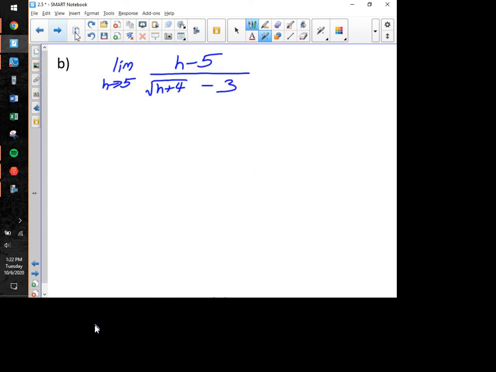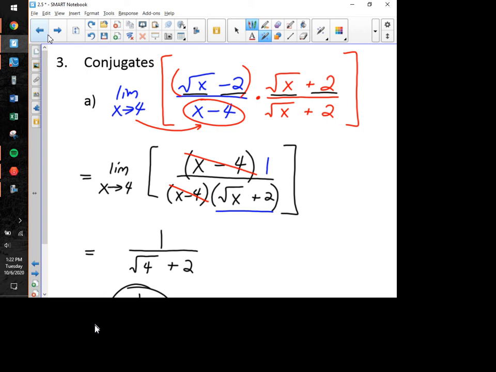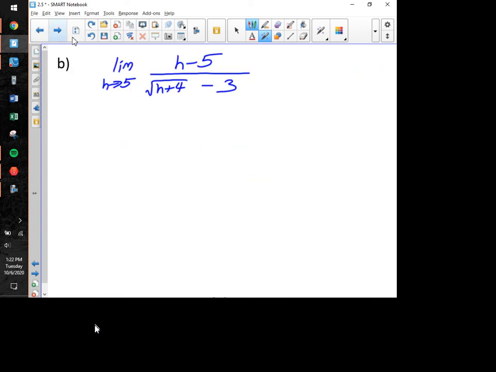Another one with conjugates, this one's a little bit more complicated, and your author kind of liked this type of problem. You'll notice in the last example we did, I multiplied the top and the bottom of this fraction by the conjugate of the numerator. Here, we're going to do it a little bit differently. It's the denominator in this fraction that has the radical in there, and that's what we're going to multiply by the conjugate of.